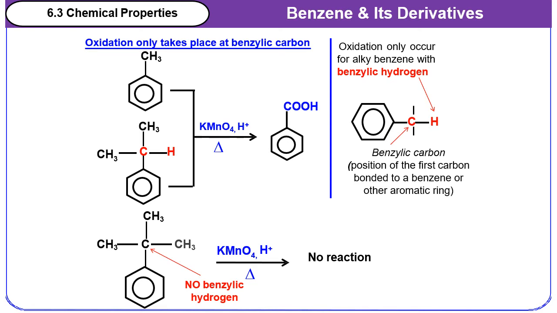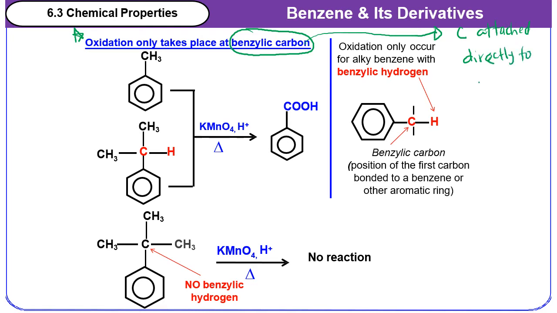Now we look at this: oxidation only takes place at the benzylic carbon. Before we go into details, we need to understand the meaning of benzylic carbon. Benzylic carbon is the carbon attached directly to the benzene ring.